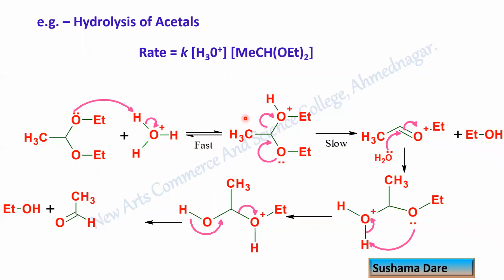After abstraction of this proton from the solvent, the electron pair present on the other ethoxy group forms a double bond here, and because of that this group departs. Now this step is a slow step.